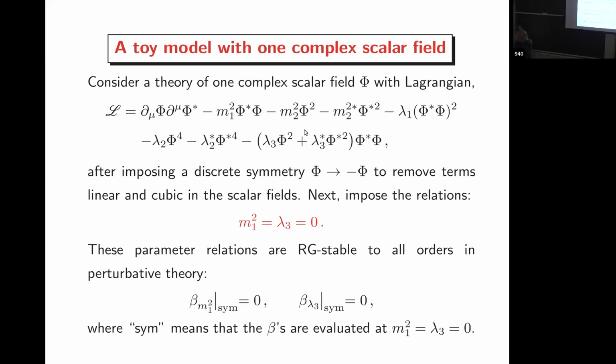I've imposed a discrete symmetry to remove linear and cubic terms. And now I'm going to impose this relation, m1 squared and lambda 3, this one, equal to 0. I do a calculation and I show that these relations are renormalization group stable, not only at one loop, but actually to as many loops as I can calculate.